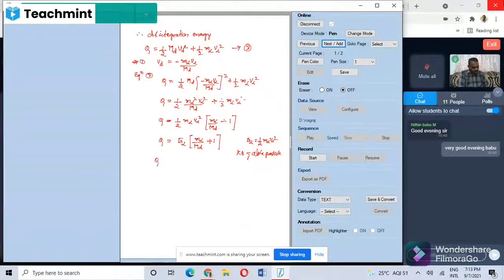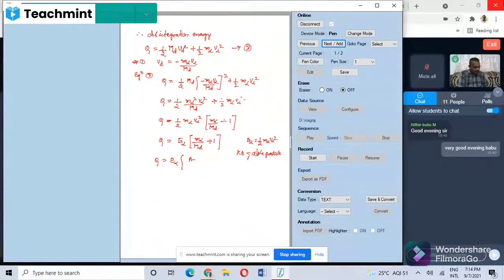And when you look at the equation, the mass of the alpha particle divided by mass of the daughter element.